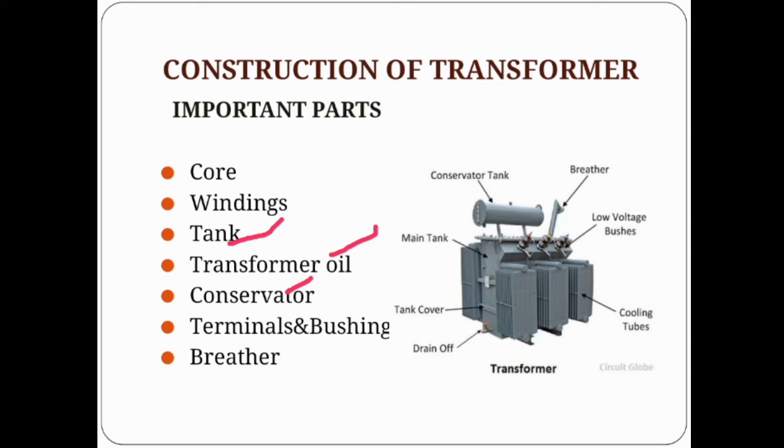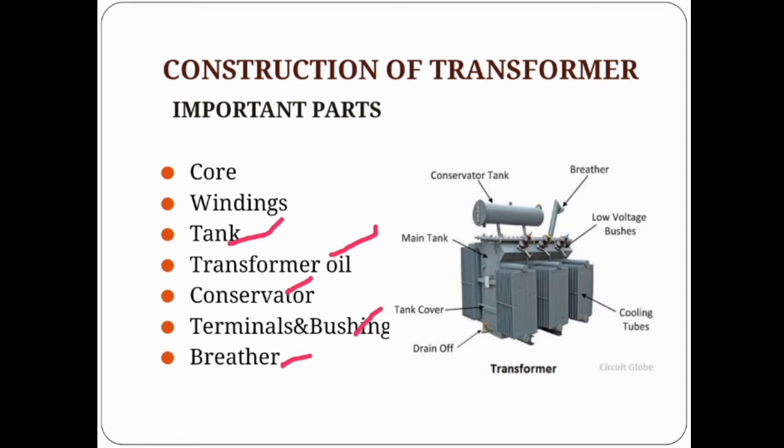The next one is terminals and bushings. The terminals and bushings are connected on the external side of the transformer. The bushing is connected for incoming and outgoing supplies. The final one is the breather. The breather is used in the transformer to allow free air into the transformer.